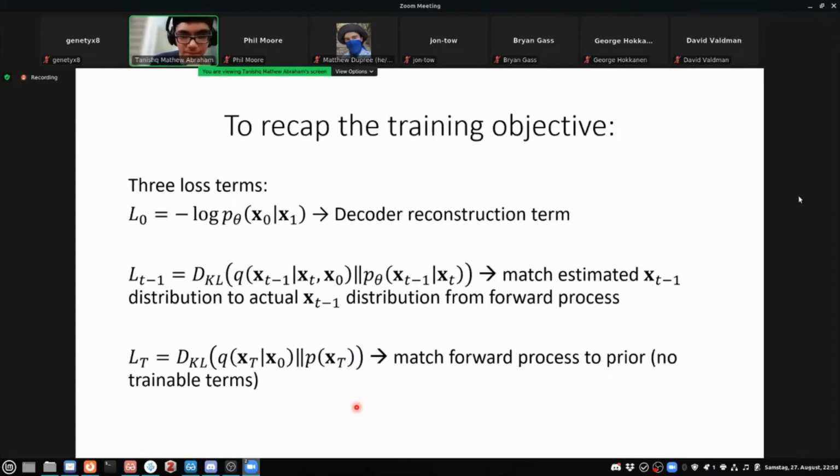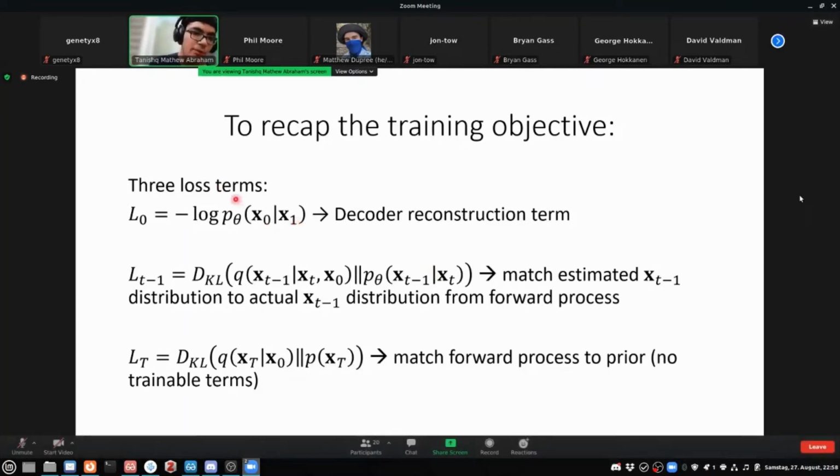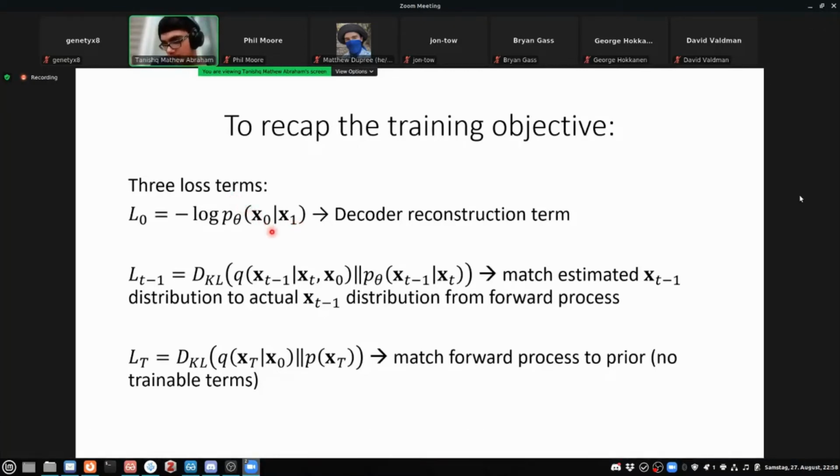Anyway, let's see what we have here. I just wanted to recap the training objective a little bit more because it provides more intuition for these training objectives. The first term is like a reconstruction term. x1 is the last time step before we get x0, and you're minimizing the negative log likelihood of this.